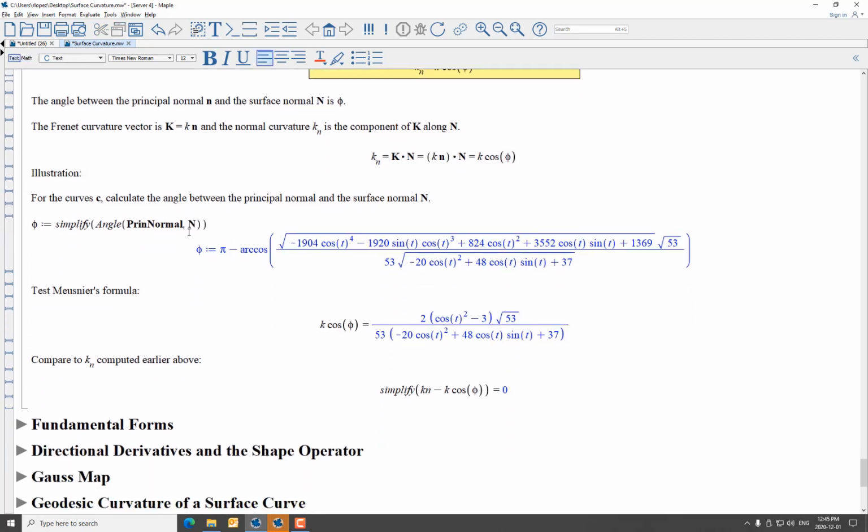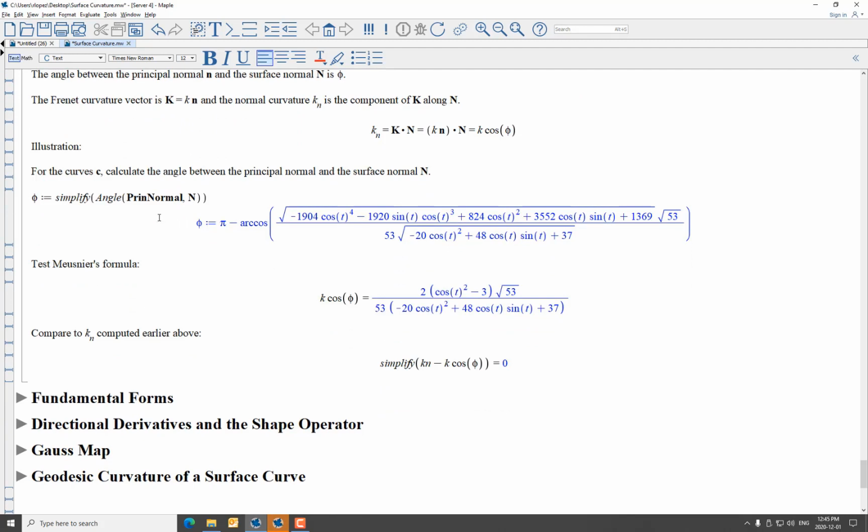So I tested it out. I have a family of curves C. I get the angle between the principal normal, which we've already computed, and the normal to the surface. So I use the angle command, and I test using this formula.